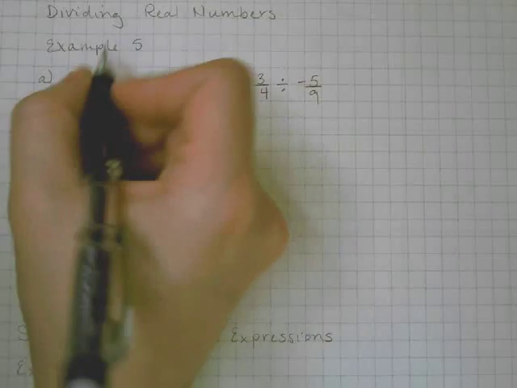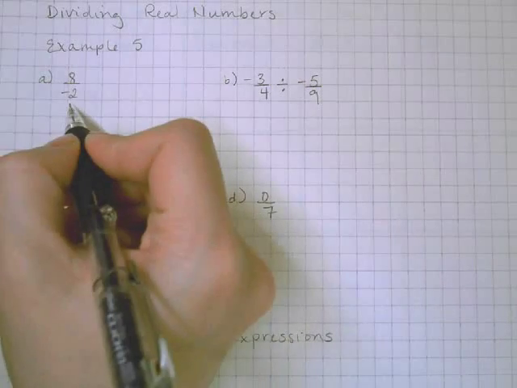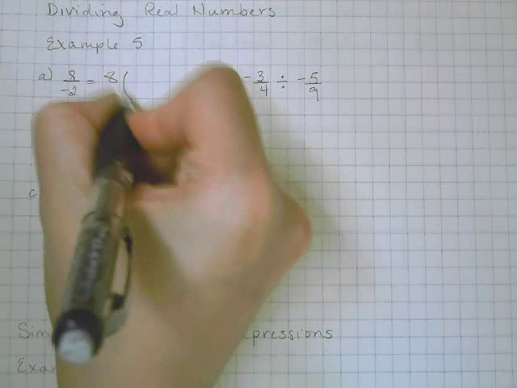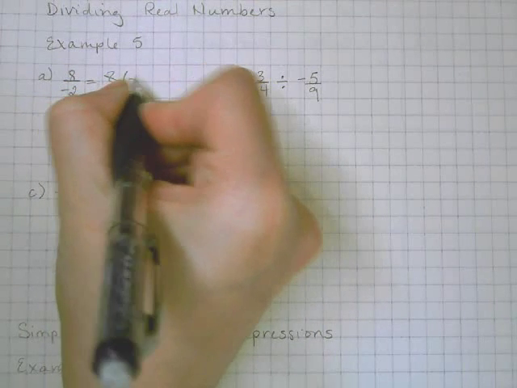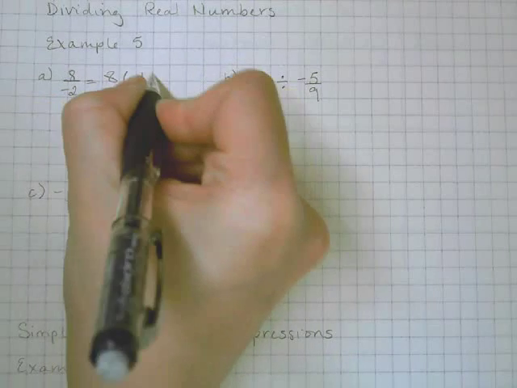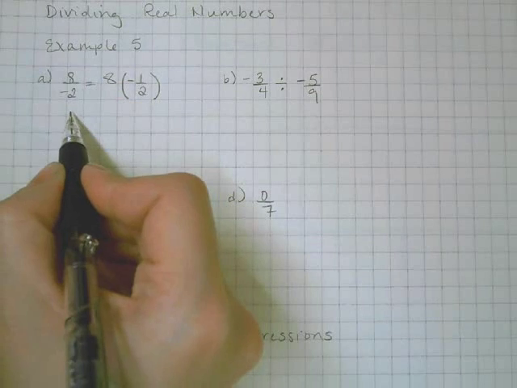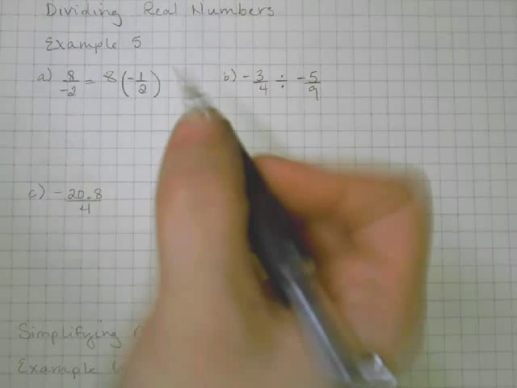So 8 divided by negative 2 is the same as 8 times negative 1 over 2. So multiplying by the reciprocal of negative 2, which is negative 1/2.